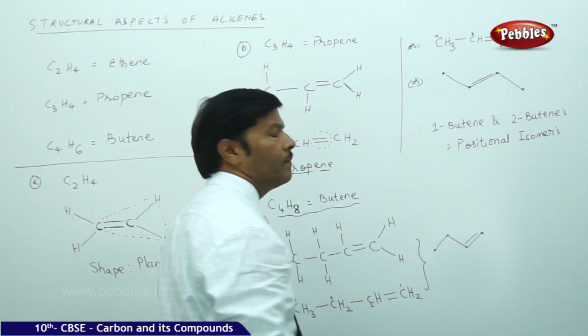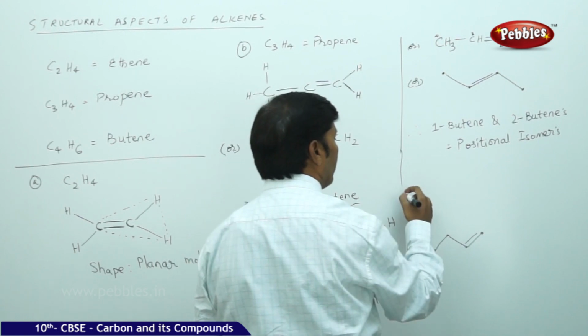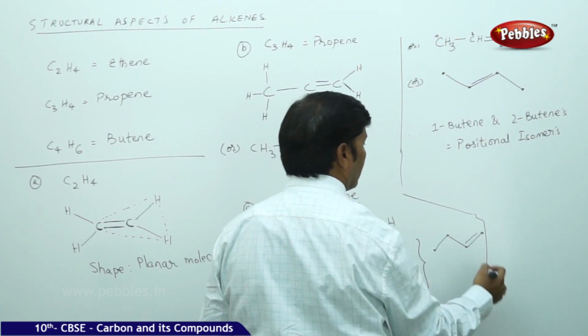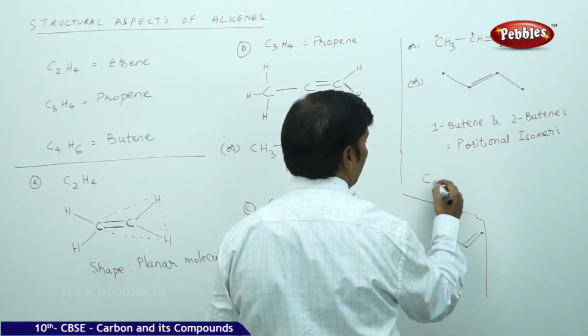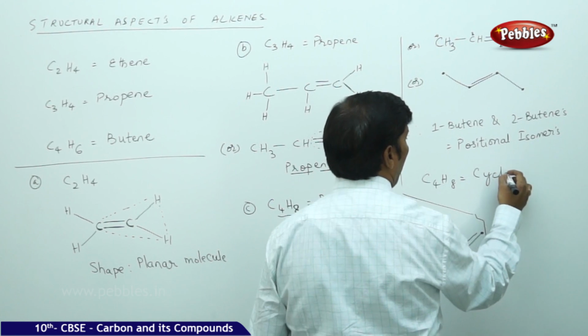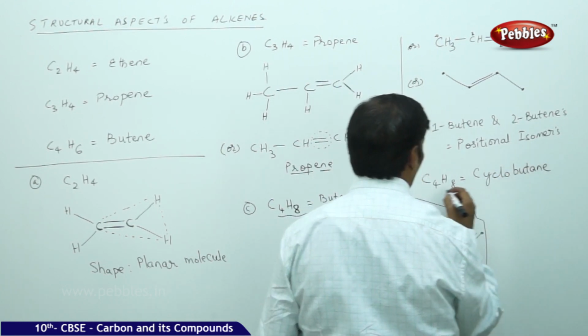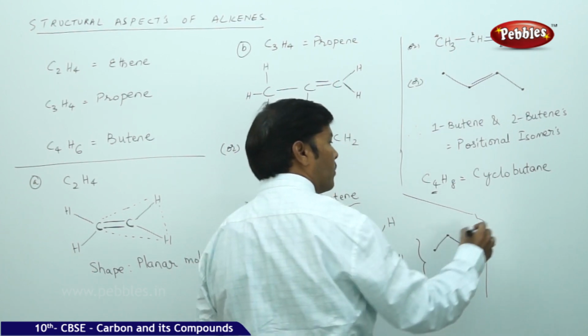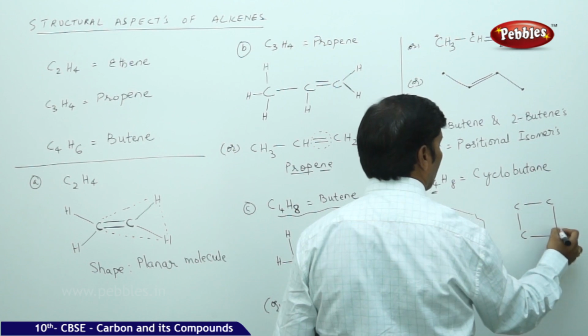You can also prepare cyclic structures. Suppose, for the same C4H8, you can prepare a cyclobutane. The number of carbons is 4, so take 4 carbons, 1, 2, 3, 4.